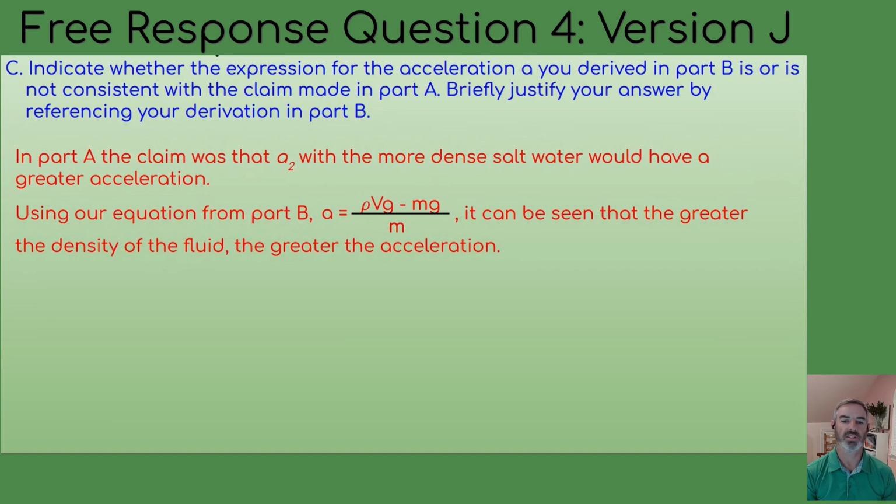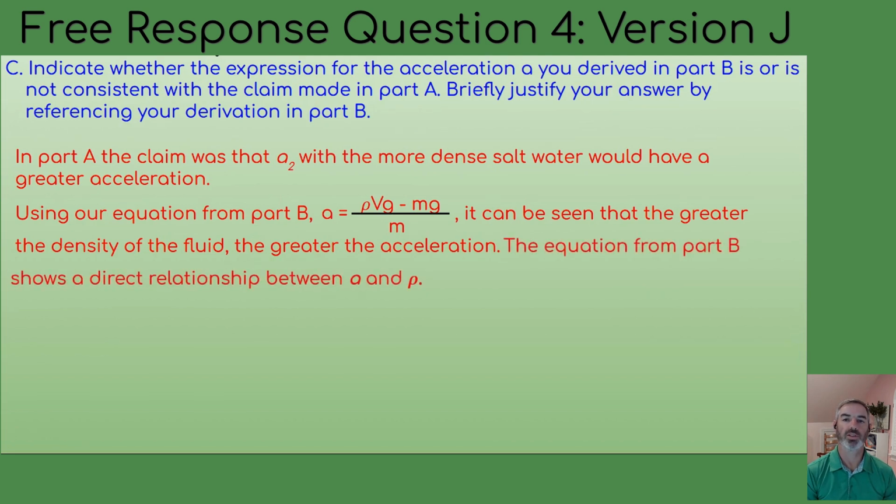If rho increases, the numerator on the right side gets larger, which means that the acceleration is going to be larger as well. So the equation from part B shows the direct relationship between acceleration and density: the more dense the fluid, the greater the acceleration for the same mass block.